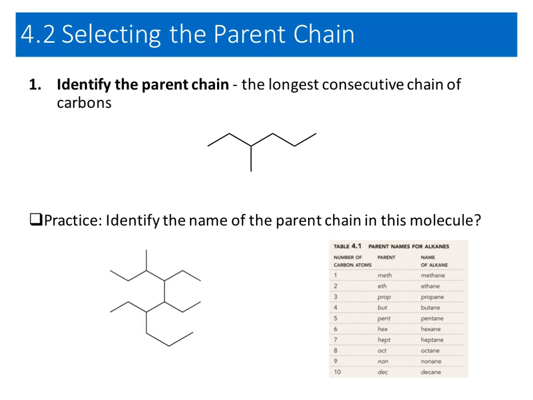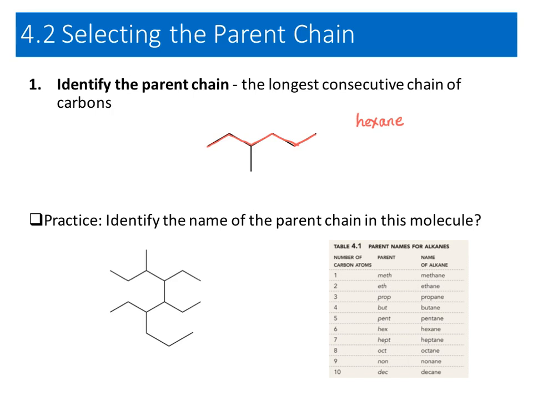So I have 6 carbons. 6 is the highest number. Therefore, the last root gives me the parent chain. So I have 6 carbon here. If you look at the table, the prefix for that is hex for 6 carbon, followed by suffix ane. So this is hexane.